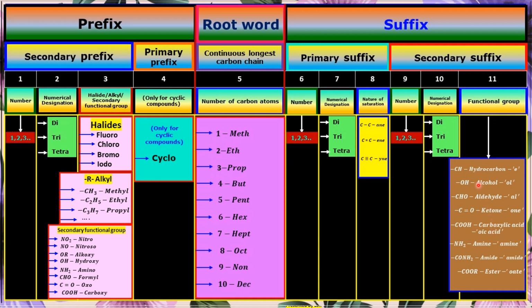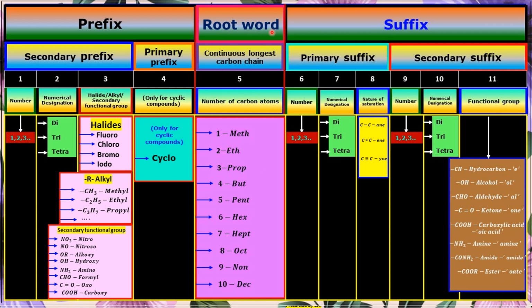Okay, if only carbon and hydrogen atoms are there in the organic compound, the secondary suffix is only e. OH alcohol, CHO aldehyde, all these will be learnt in the next coming videos, because we are not going to use any functional groups in this video.